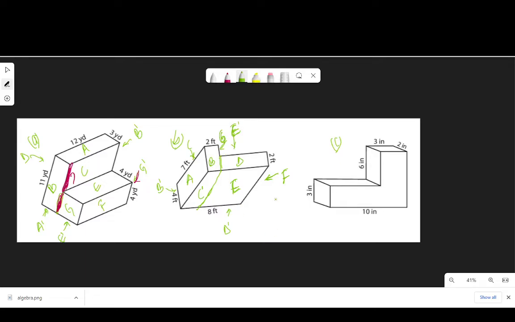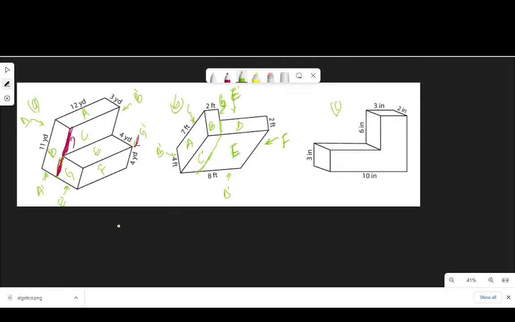Now calculating the area of all the faces, we have area of A. The length of A is 7, that's 7 times the width, which is 4. 7 times 4 is 28 feet square. Area of B and B prime.